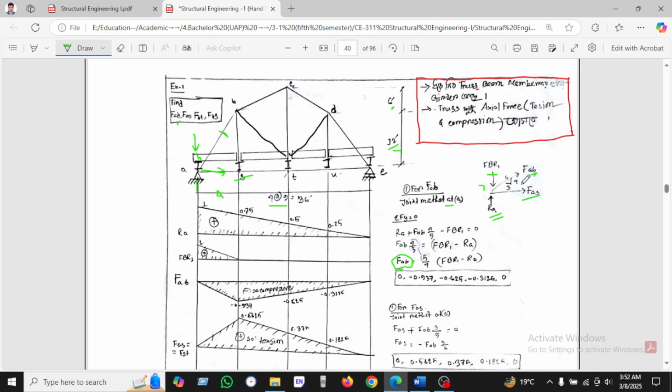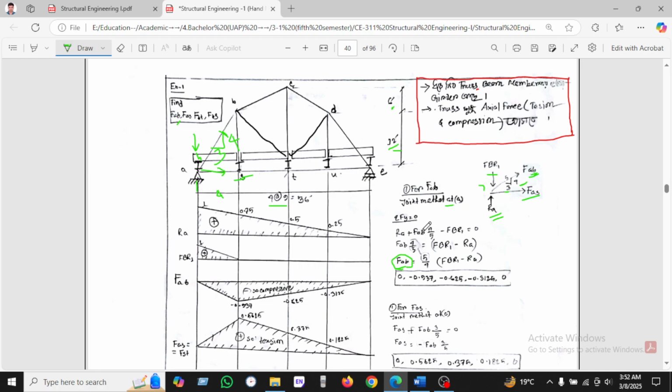So as we have seen, this is the 3, and this is the 4. As we know the slope, this is 3 and this is 4. Now we can calculate FAB easily.